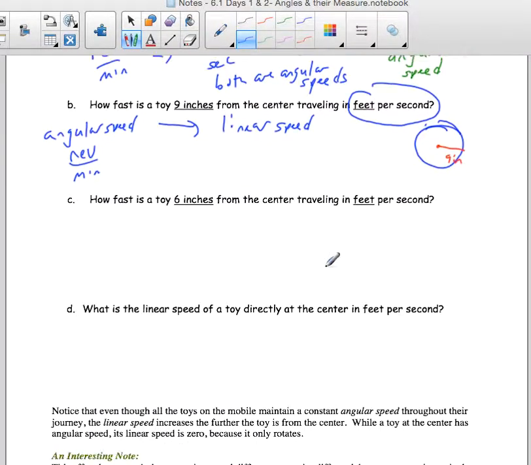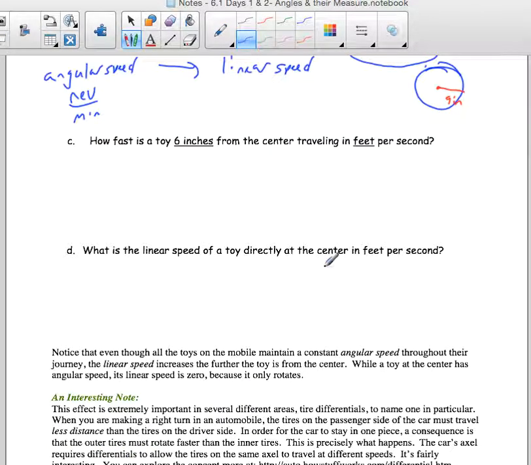Part C says, how fast is a toy 6 inches from the center traveling in feet per second? So it's almost the same problem as in letter B, so it'll be a good review. But now we have a toy that's 6 inches from the center, and we want to know how fast it's actually moving around the circle created as the mobile spins. So the way I recommend doing these problems is start with what's given.